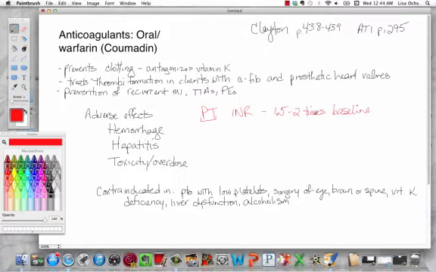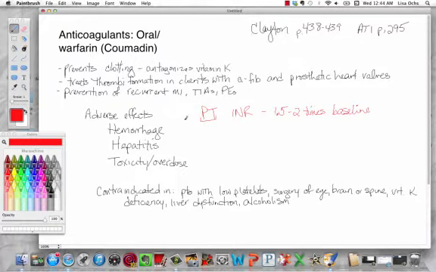If they're more than that, that means their levels are too high, and they're at risk for hemorrhage and bleeding and toxicity and overdose. If they're less than that, then the Coumadin is not going to be effective. So for therapeutic doses of Coumadin, you're looking for the PT and the INR to be 1.5 to 2 times the patient's baseline.